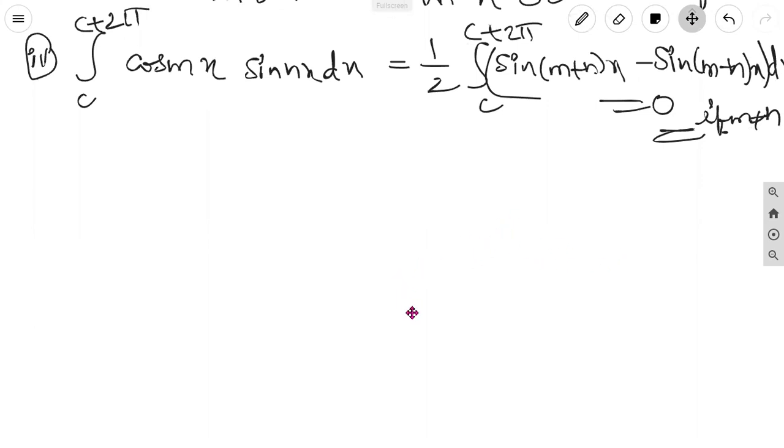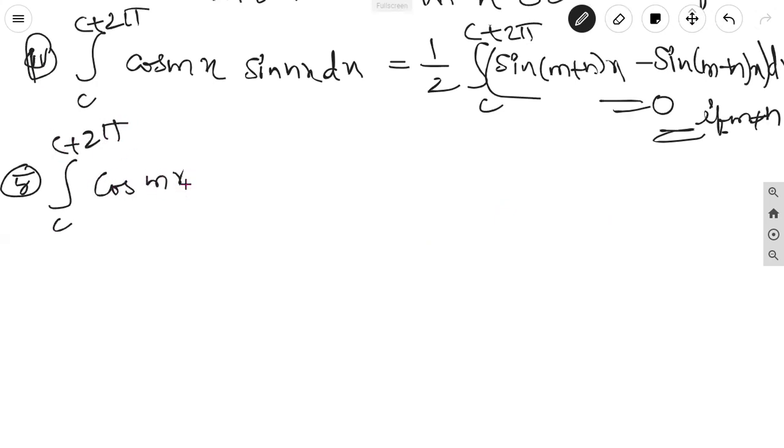Next, fifth one. Integral c to c plus 2 pi cos mx cos nx dx. It is cos a cos b form: cos of a plus b plus cos of a minus b.